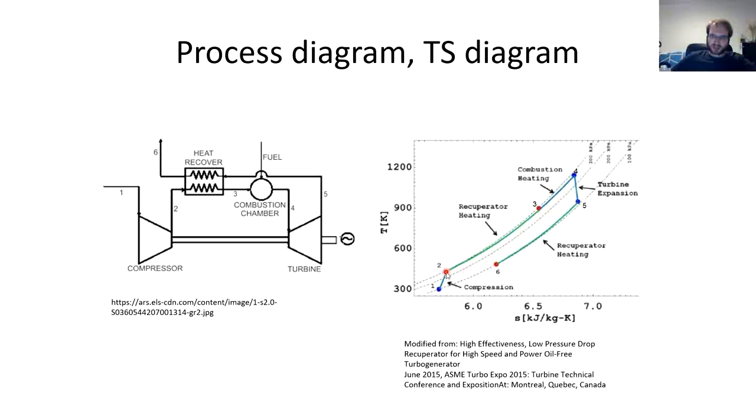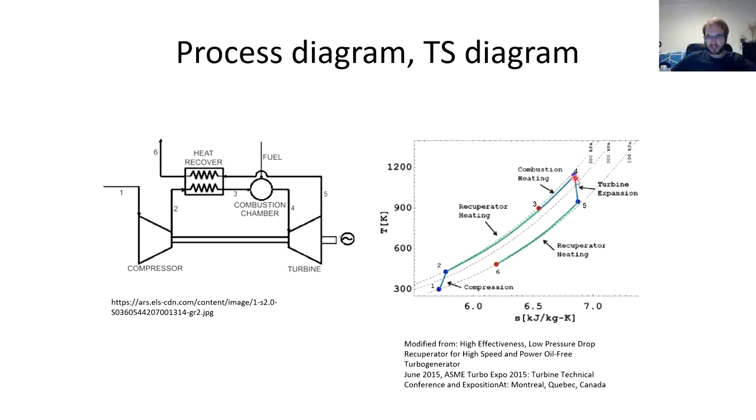You can also see that from 2 to 4 the pressure is gradually decreasing. That's because this diagram considers that there are some pressure losses in both the heat exchanger and the combustion chamber.